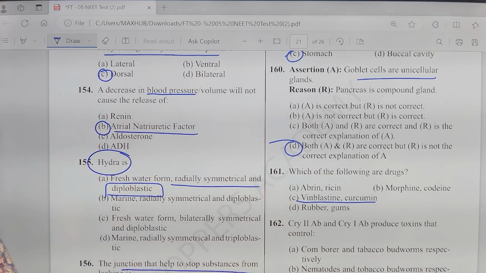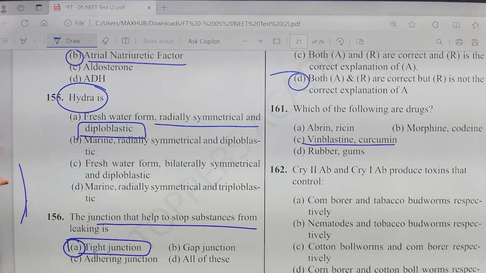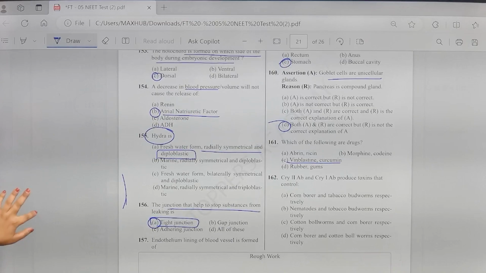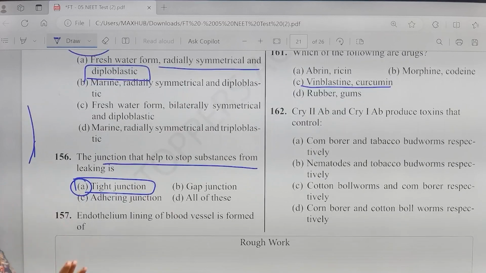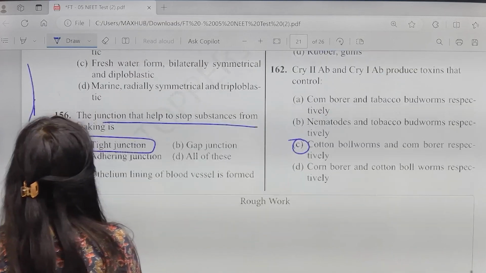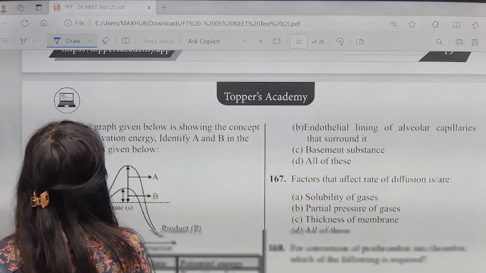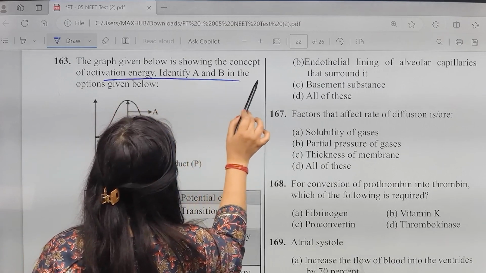Okay, the next we have: Cry2Ab and Cry1Ab produce toxins to control the cotton bollworm and the corn borer respectively. Okay, this is a question which comes directly from your NCERT. Answer C.